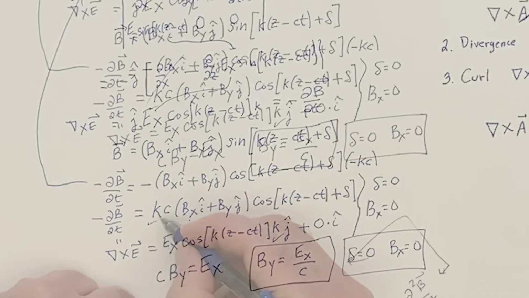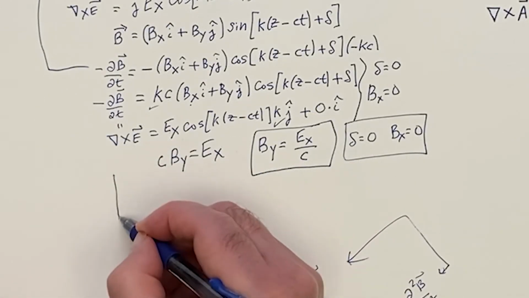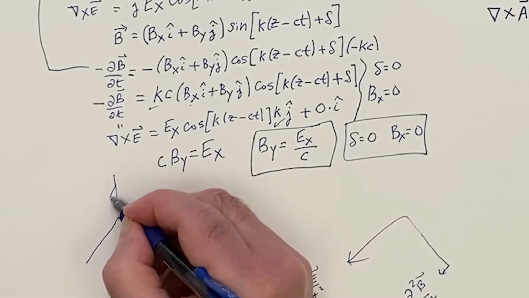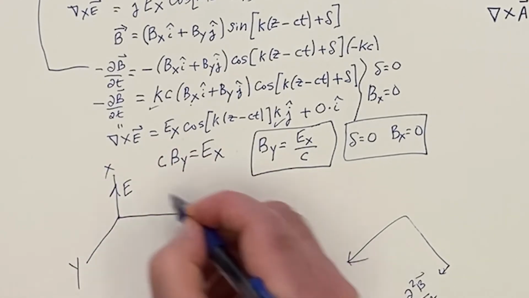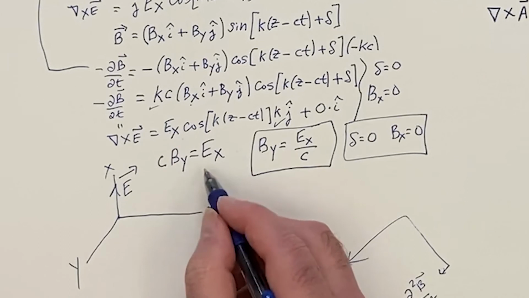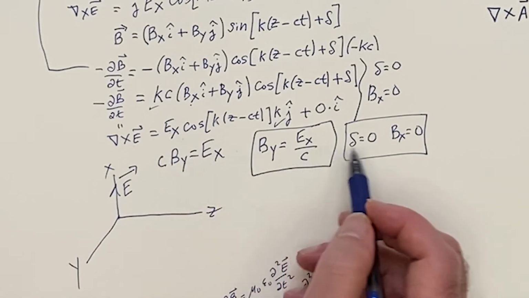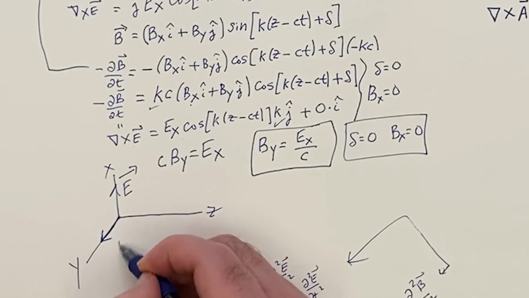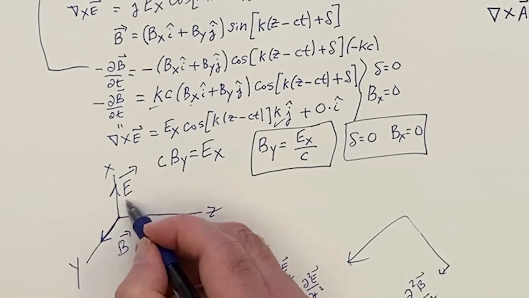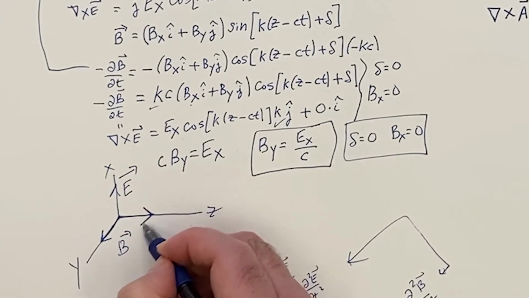So we have shown here that if the electric field is along the x direction, like this, then the B field is along y. It's along here. Nice. And the direction of propagation is this way.